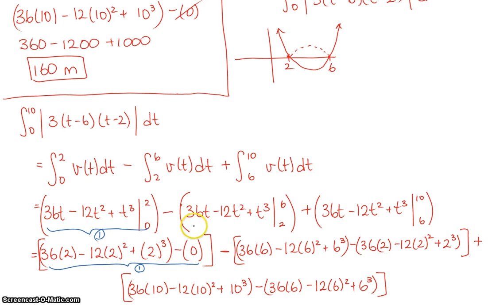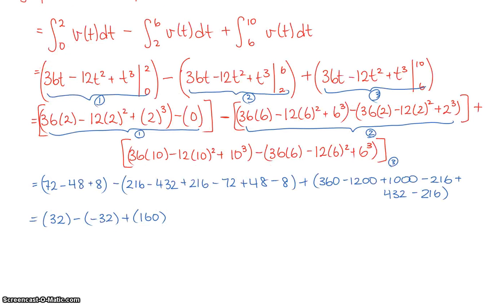When we want to subtract off from 2 to 6, this little portion here becomes this little bracket here, where we plug in, again, everywhere you see a t, you plug in 6, 6, and 6, and whenever you see a t, you plug in 2, 2, and 2. And then the third bracket here is when we're evaluating it from 10, so 10, 10, 10, to 6, 6, and 6. So that's our last little step there.